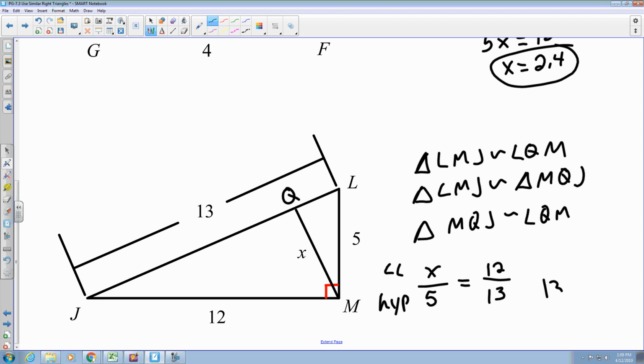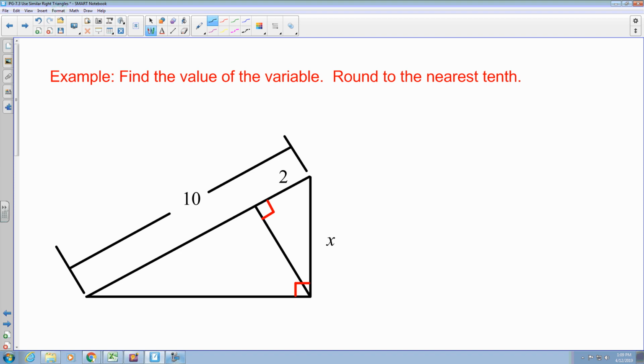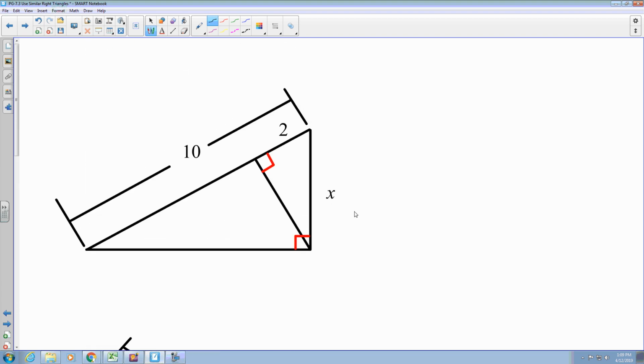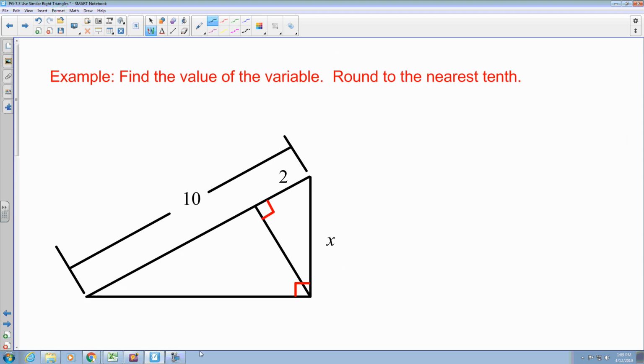So this is now 13x equals 12 times 5, which is 60. Divide everything by 13. x equals about 4.62. All right. So again, looking at these ones, they want us to round to the nearest tenth in this case.